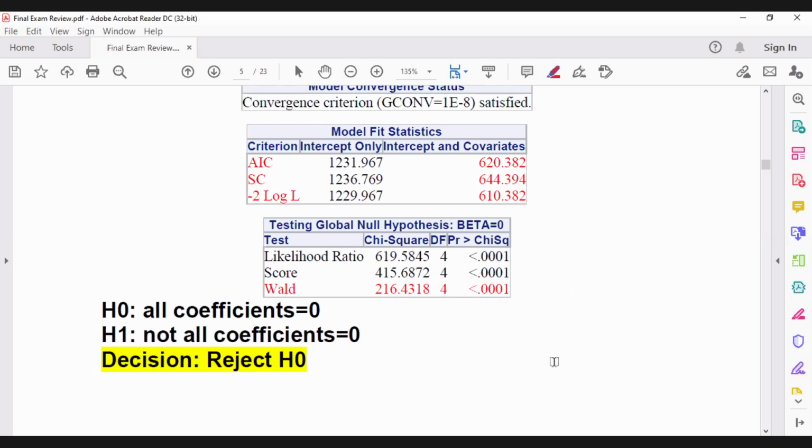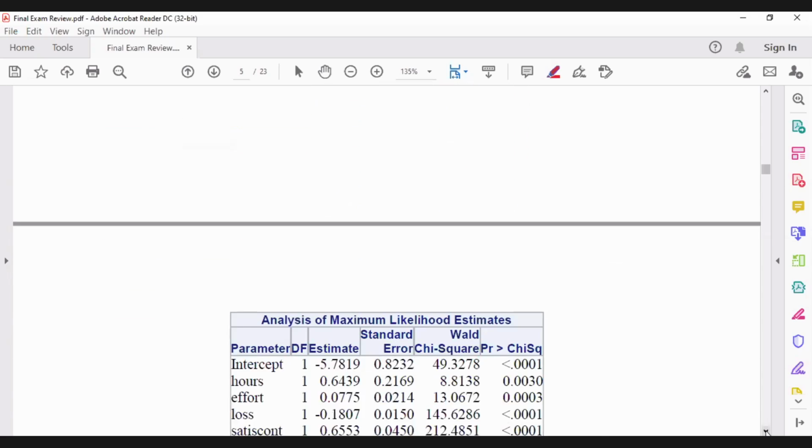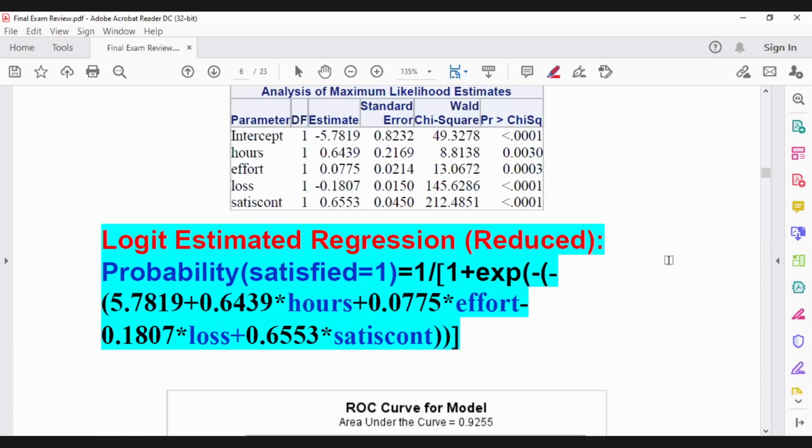The decision is to reject the null hypothesis since this p-value is less than the 5% significance level.